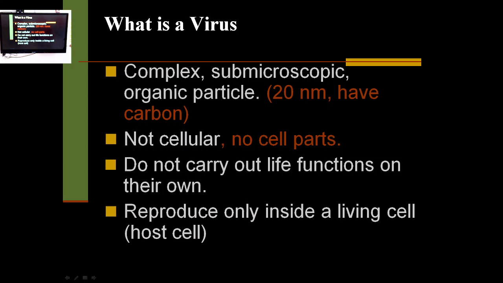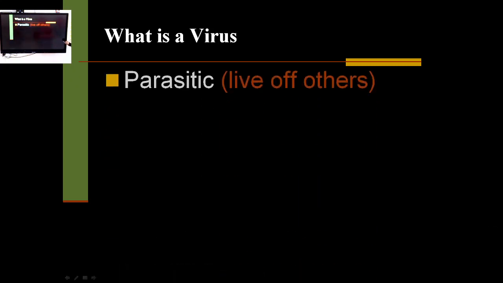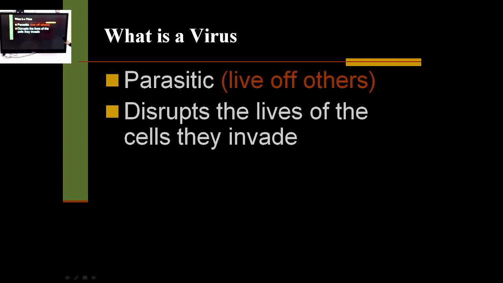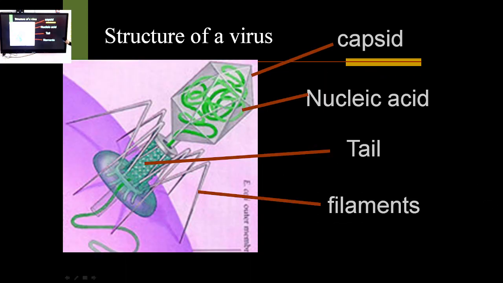So they can only reproduce inside a living cell, what we call the host cell. The relationship between the virus and the host is a parasitic relationship because it lives off others, disrupts the lives of the cells they invade, and is found in air, soil, and water.